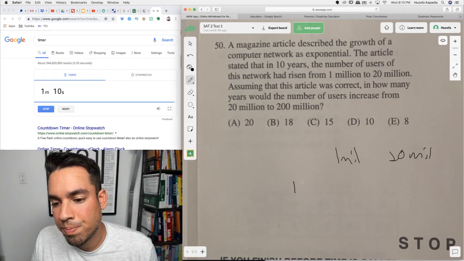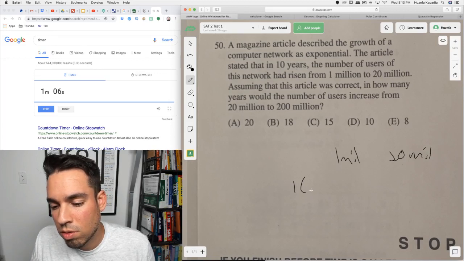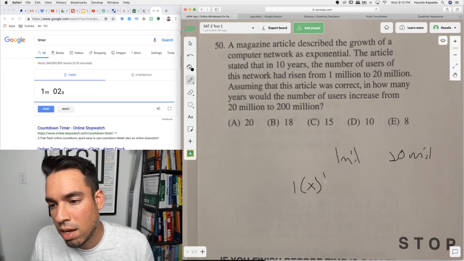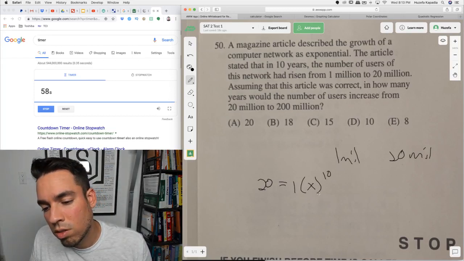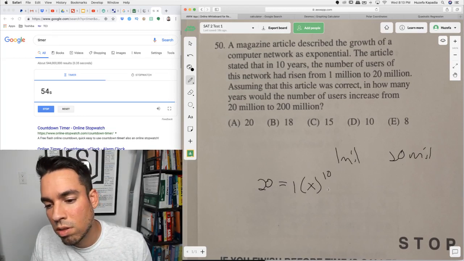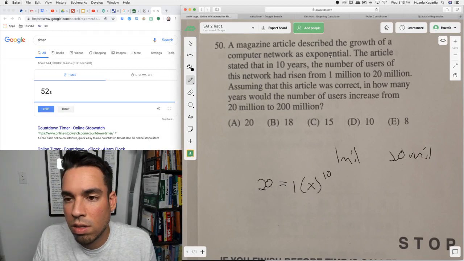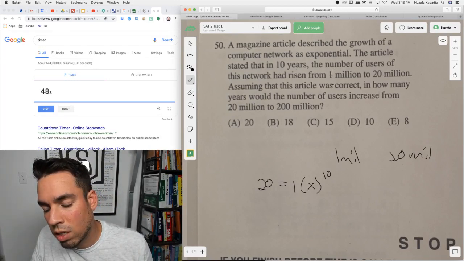Oh, shoot. I think it's 1 million times x to the 10 equals 20 million. So x to the 10 power, and then the 10th root of, hold on, I don't know how to do.